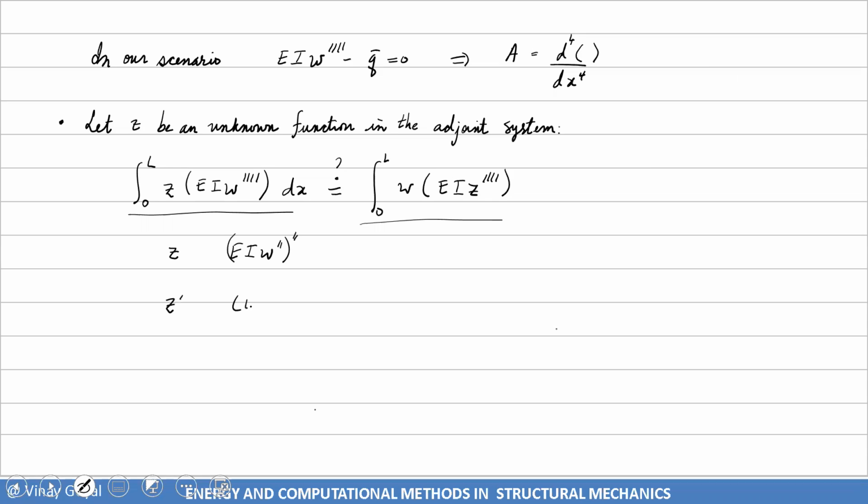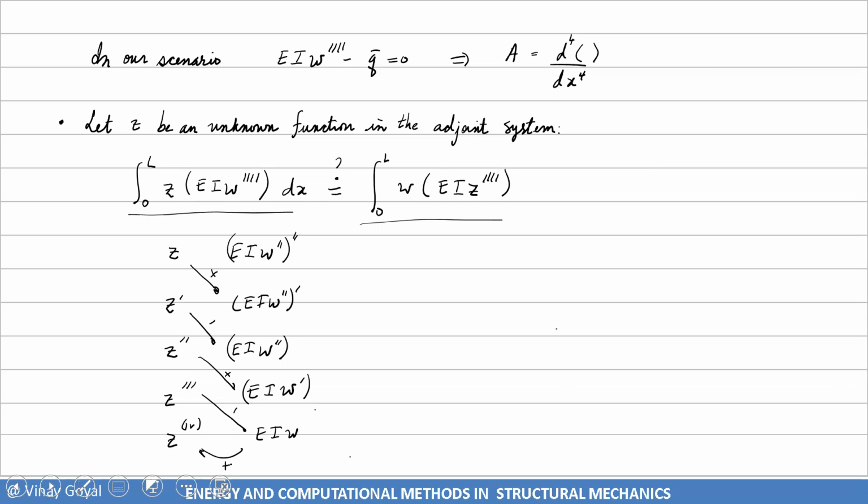Z prime, and then I'll keep removing derivatives, and I'll continue doing it until all of them are removed. And then I'll do a plus, minus, plus, minus, and plus. And I'm integrating by parts. The bottom term goes inside the integral.